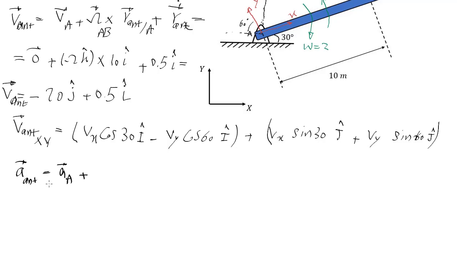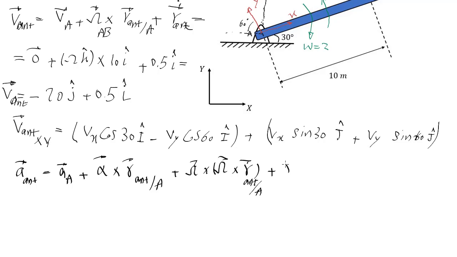So A ant is equal to AA plus alpha AB, alpha of the rigid body, cross R ant with respect to point A, plus omega cross omega cross R, and this is again ant with respect to A, plus R double dot plus 2 omega cross R dot.